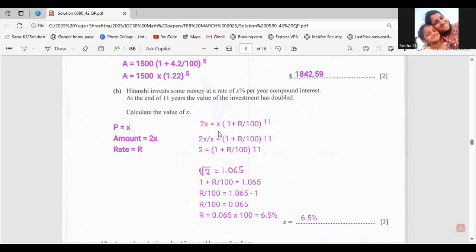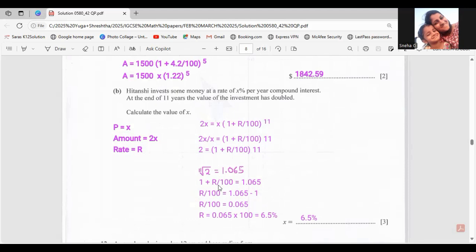Now, after rearranging the formula, x shifts to the other side: 2x divided by x, and then this whole thing to the power of 11. So 2 is equal to 1 plus R divided by 100 to the power of 11. Now we will be taking the 11th root of 2. Why? Because here it's the power of 11 and we need to remove the power of 11, and that can be done only by taking the 11th root. So the 11th root of 2 gives me the answer 1.065.